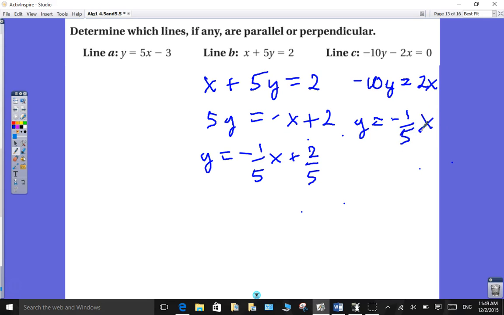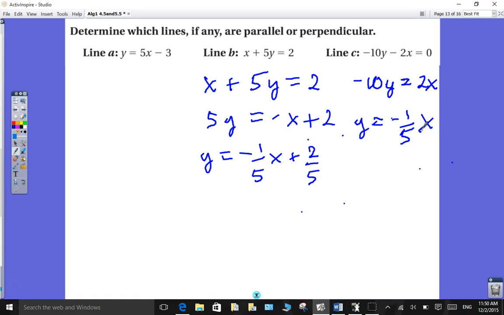So now that they're all in slope-intercept form, you can make the comparison. This one had a slope of 5. These two had slopes of negative 1/5. So which two are parallel? B and C are parallel because they have the same slope. Are any of these pairs of lines perpendicular? What would you look for to tell whether they're perpendicular? Opposite sign, flip the fraction.